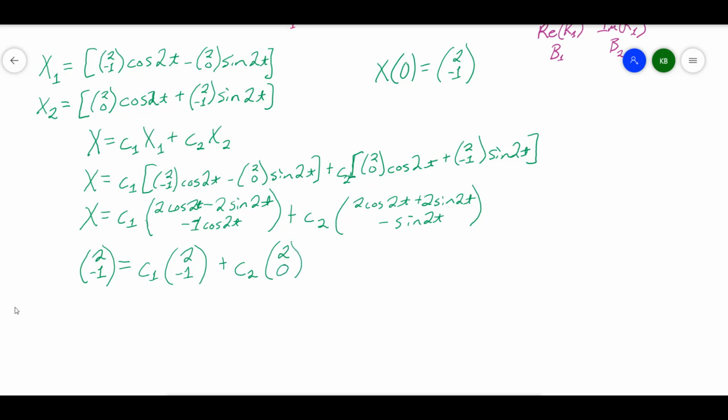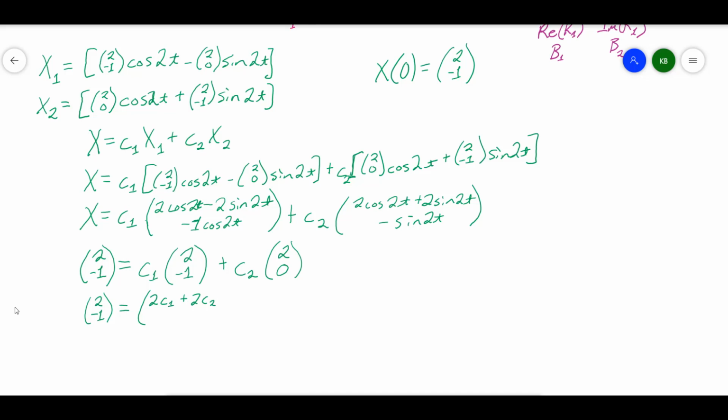And now, we're still not done because we don't know what c1 and c2 are yet, but we have everything we need to know what they are. So I can write everything on my right-hand side as a single vector now. Leaving the left-hand side as (2, -1), I have 2 times c1 plus 2 times c2, taking c1 times the first entry and c2 times the first entry in the second vector, and adding them together.